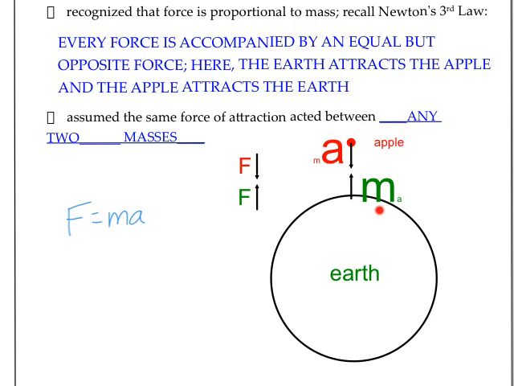Because the mass of the Earth is so big, we're not actually noticing its acceleration, but there is that exact same force of attraction between the apple and the Earth. But based on our perspective, we're only noticing the apple falling and moving. Newton further concluded that this same force of attraction could act between any two masses at all.